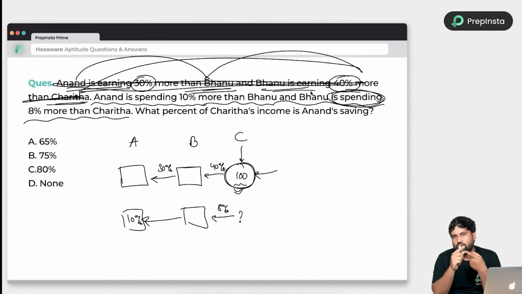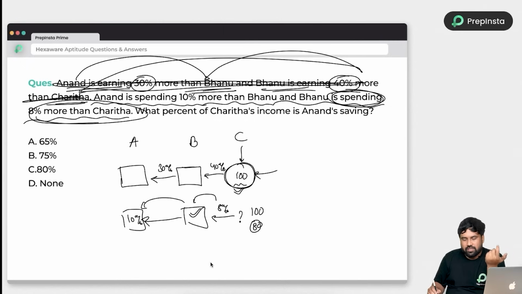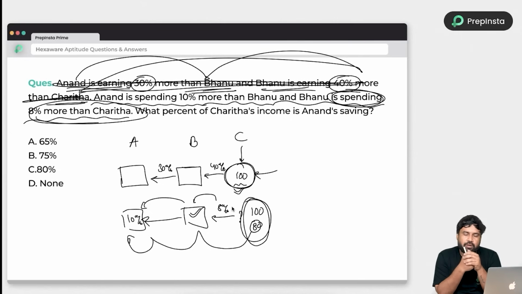The initial value you can assume and you can start doing the problems, but spending, how you will assume? For example, if you assume he is spending 100 rupees, B will spend some percentage and A also do some percentage. If you assume it is 8 rupees or 80 rupees it is spending, C is spending, then how can you calculate again? So here spending is variable.